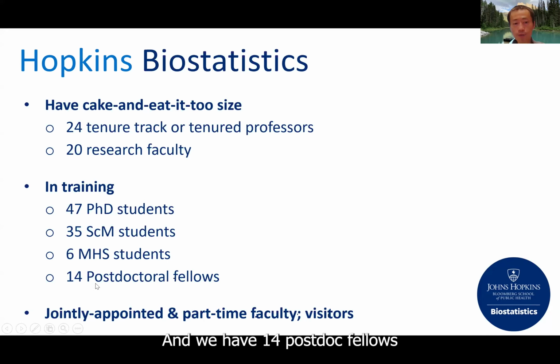And then we have 14 postdoc fellows. These are people who get their PhD degree from some other universities, and then come here, join our research groups, and do independent research with us. So that's an overview of who is working in this department.